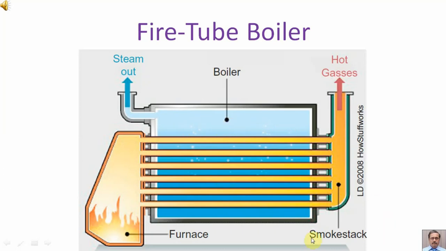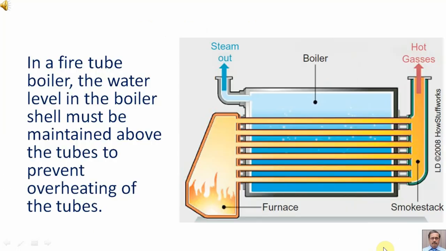Since the hot gases and the fire are inside the tube, it is called a fire tube boiler. In a fire tube boiler, the water level in the boiler shell must be maintained above the tubes to prevent overheating of the tubes.